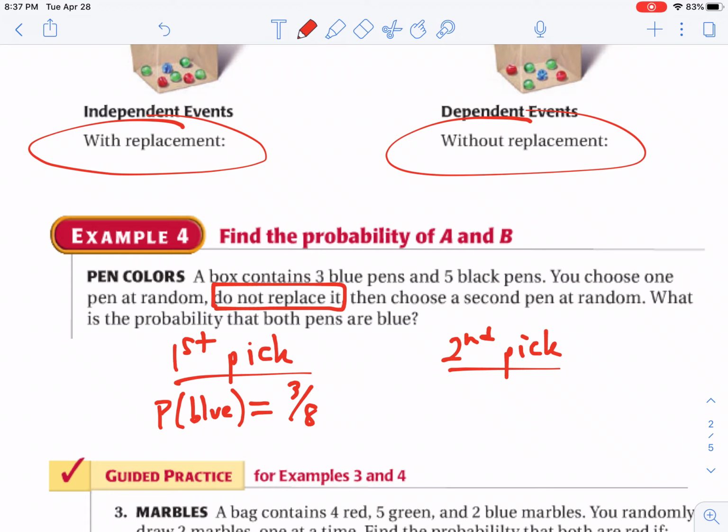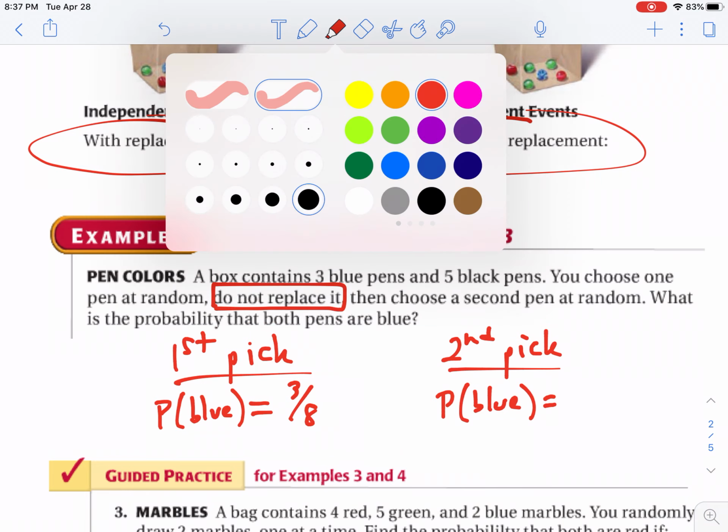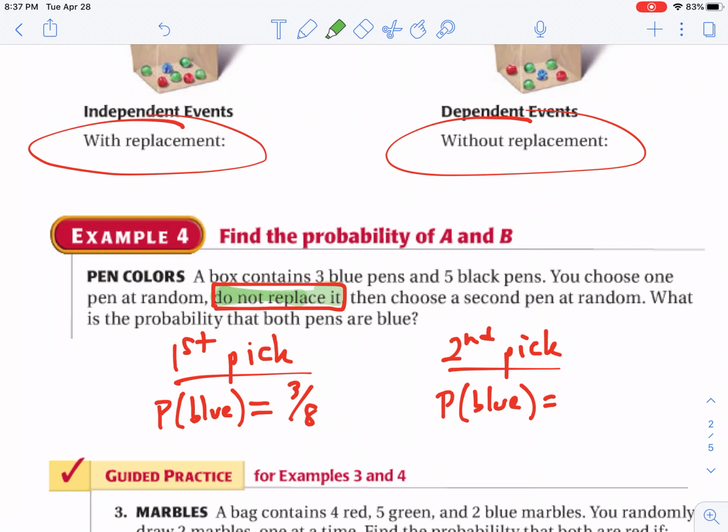Now, in the event that we get our blue, we succeed, right? On the first pick. What's the probability of getting a blue on the second pick if we do not replace it? That's the key right there. We are not replacing it, okay? You have to keep that in mind.